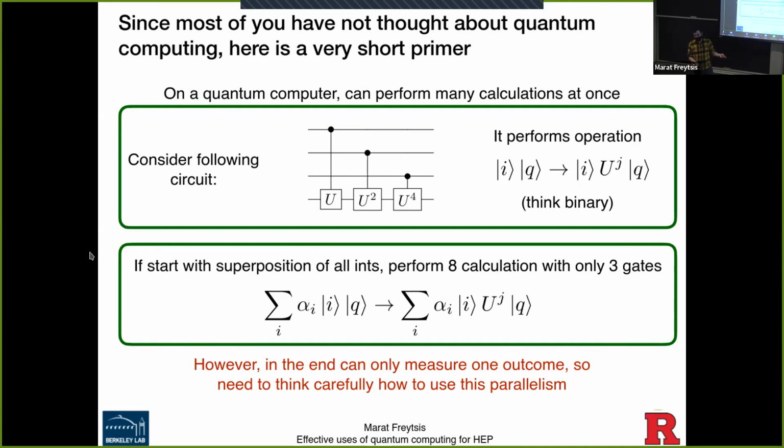But of course, it's quantum mechanics, so I don't have access to the full final state vector. I can only do a measurement on it, which will give me one answer. And so I have to think carefully about exactly how to use this parallel calculation in a useful way. Yeah. Just a technical question on it.